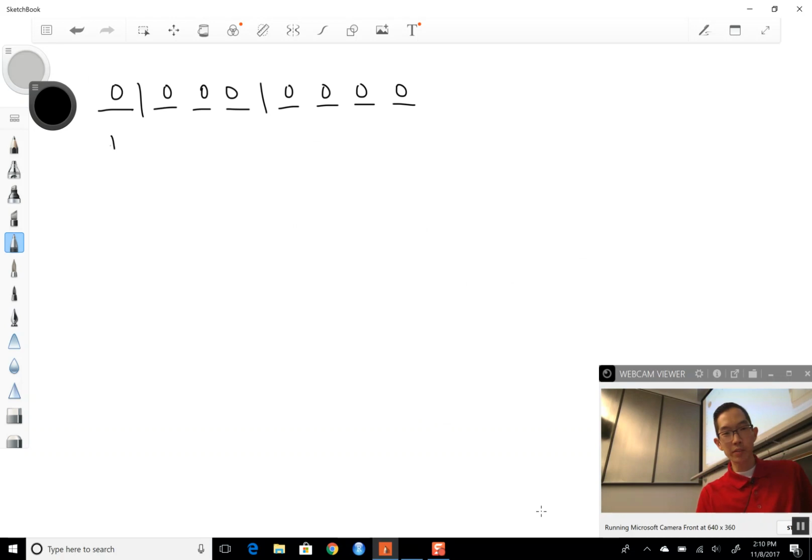This is going to be a positive number. The exponent is 0, and so with our bias of 3, the actual is going to be -3. And the mantissa translates to 1.0000, so according to our rules, we have 1 times 2 to the -3, and that's going to be 1 over 8.